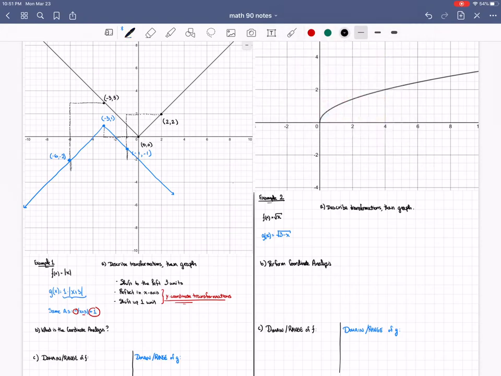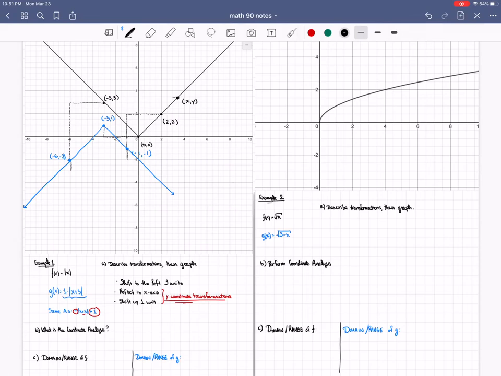So remember, coordinate analysis is where we take some random point. So I'm just going to take some random point here. Like maybe let's take this one. There. And let's call its coordinates (x, y). And we're going to trace the transformations on it. So first we're going to go 3 units left.